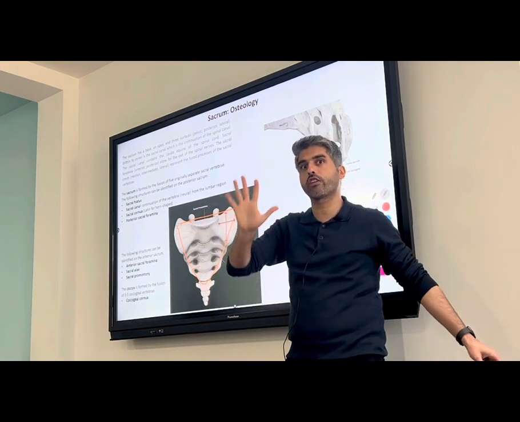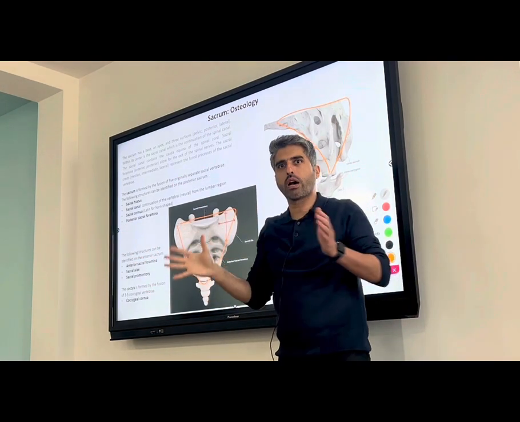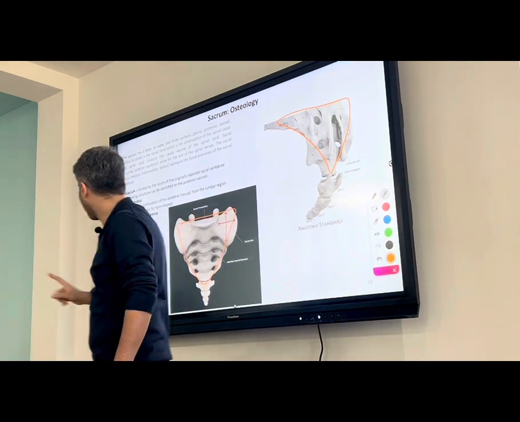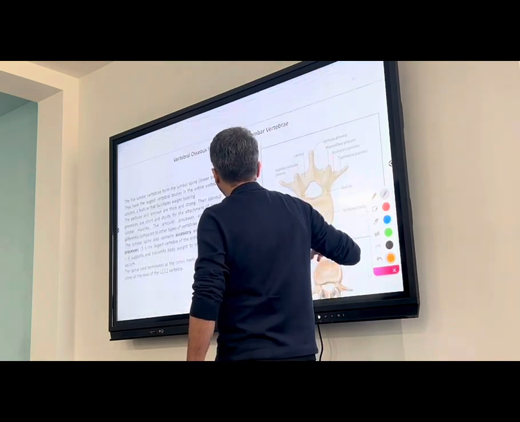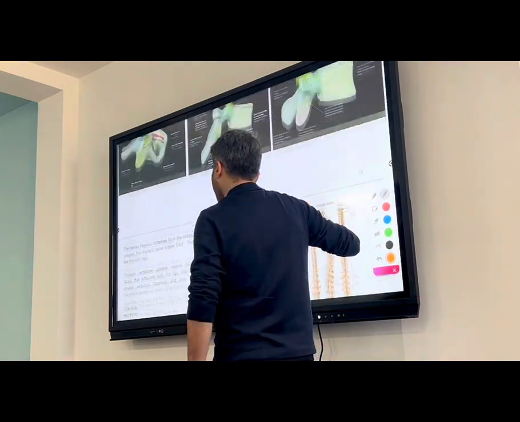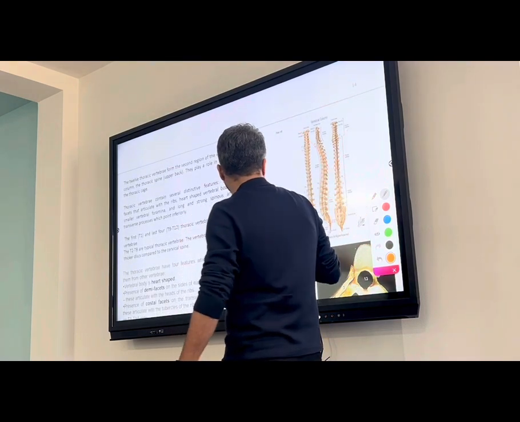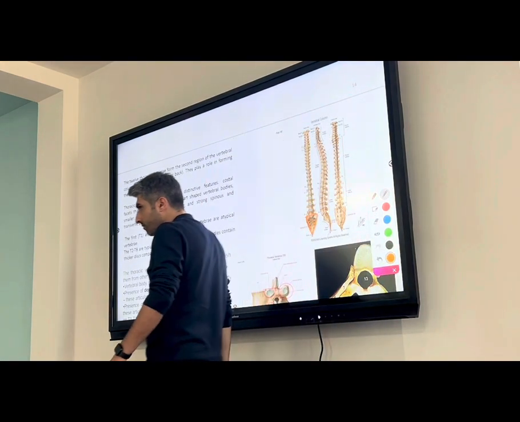It was 5, but now in an adult after birth it's just 1 sacrum.